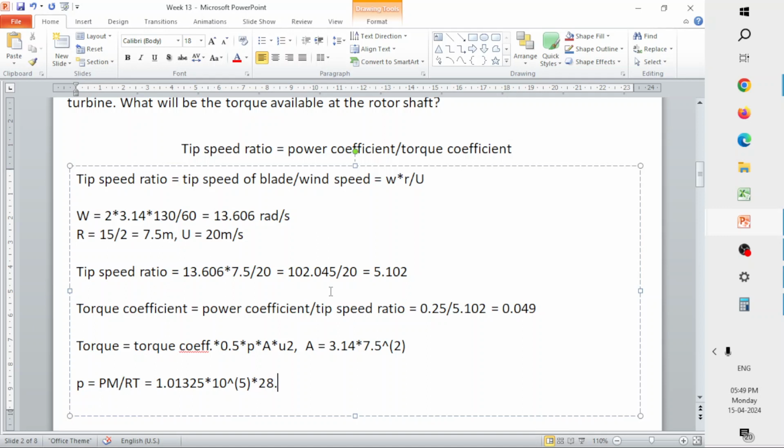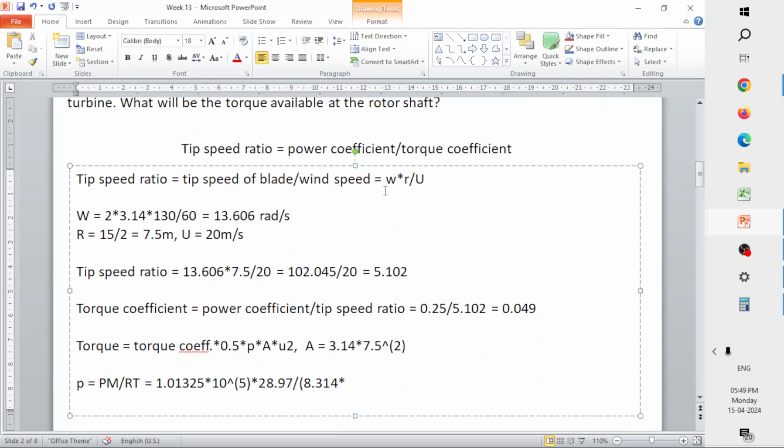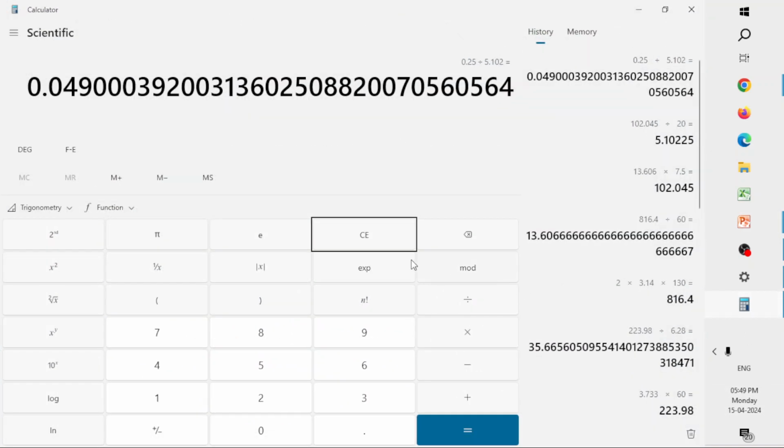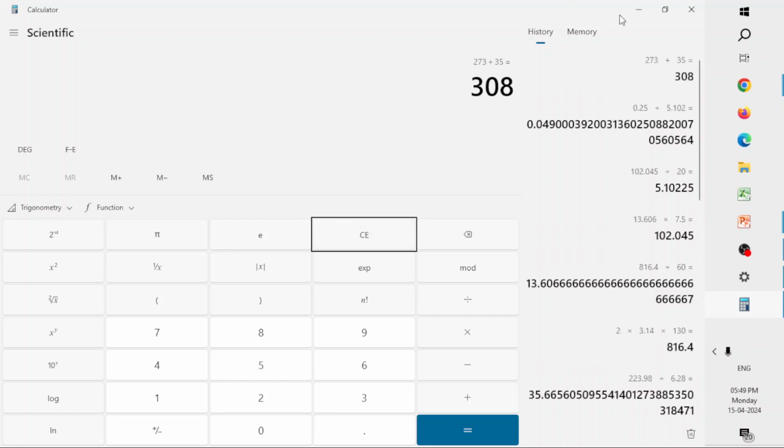Times the molecular weight, which I am going to take as 28.97, divided by R, the gas constant 8.314 kilojoule per kilomole Kelvin, times T, which is 35 degrees Celsius. So 273 plus 35 will be 308 Kelvin.